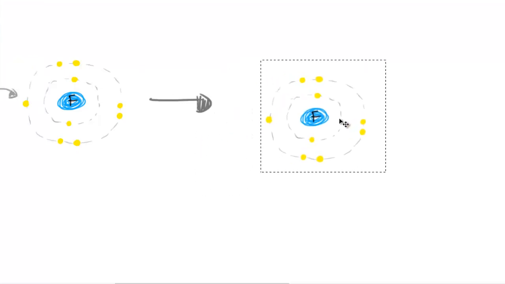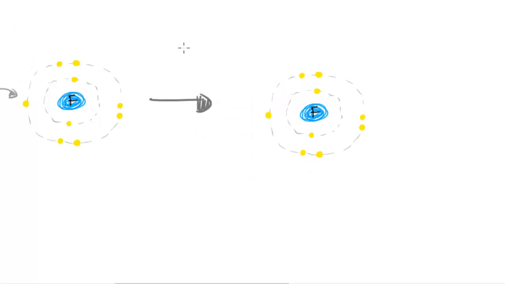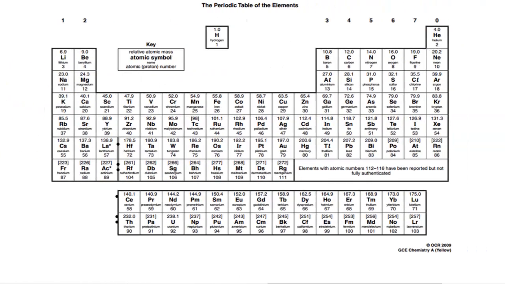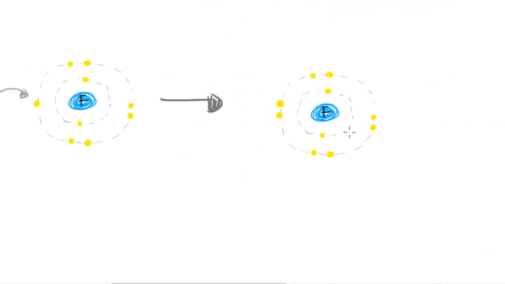There we go. Now I've pasted the fluorine atom, and so now let's draw in the electron that just came in. As you can see, now this fluorine has the electron configuration of neon. It's got a full outer shell with a whole 8 electrons, and it's going to have a charge.